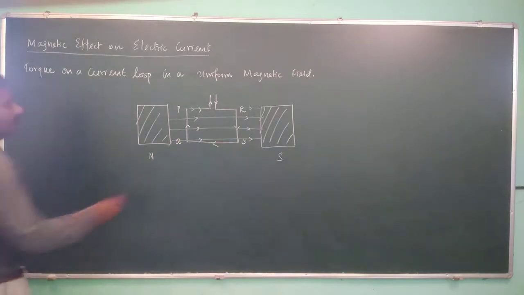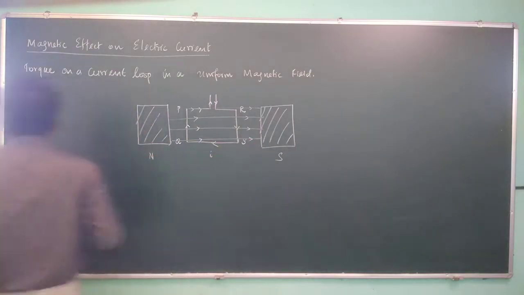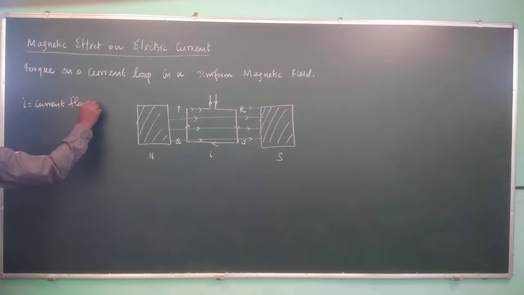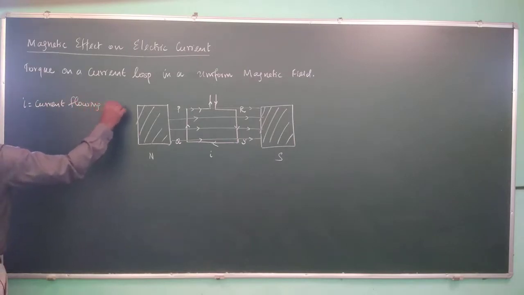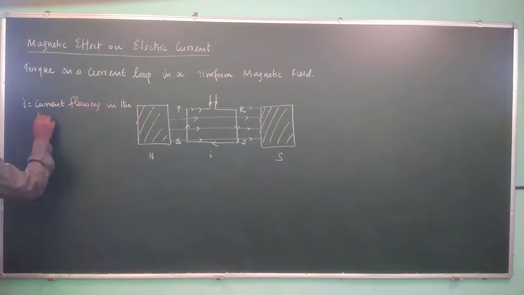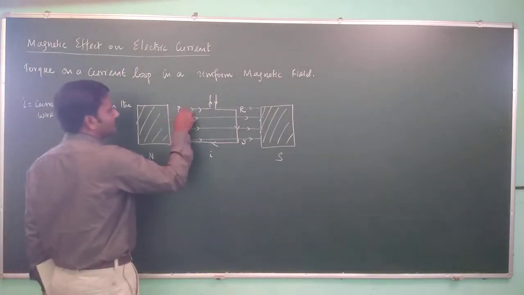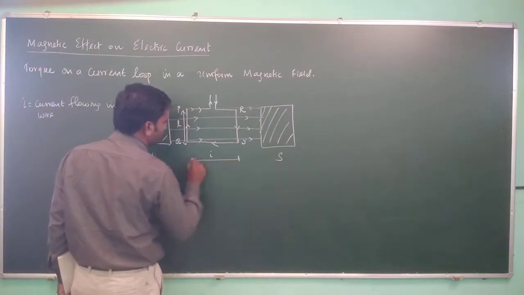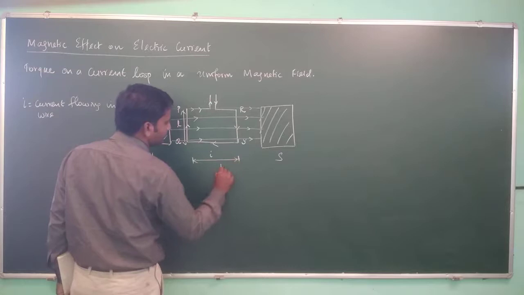Now let I be the current flowing through the wire. Let us denote this as the length, and this part of the wire as the breadth.